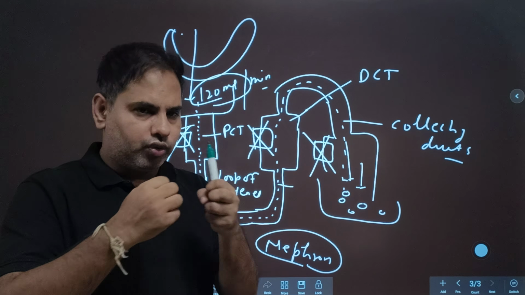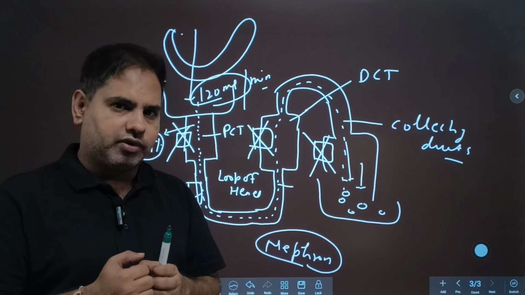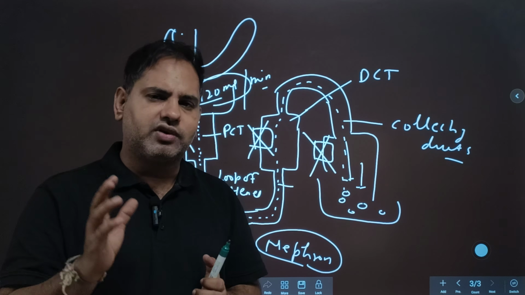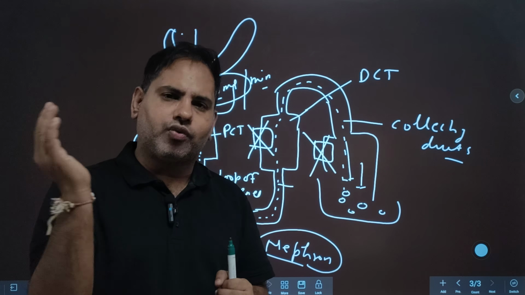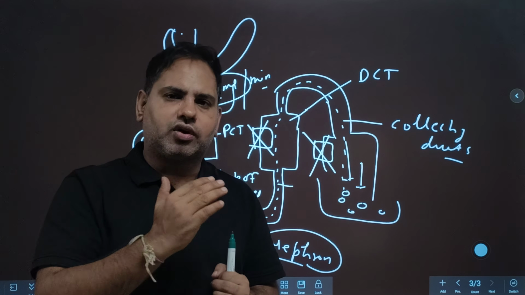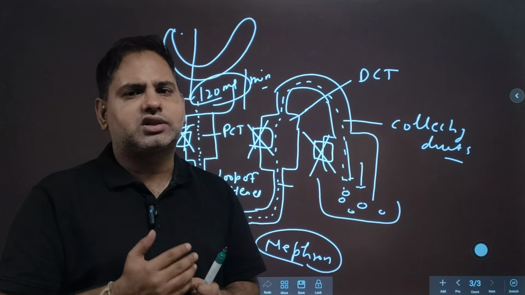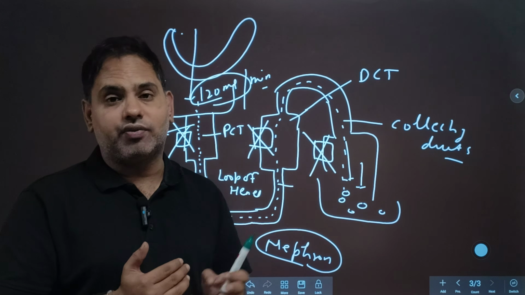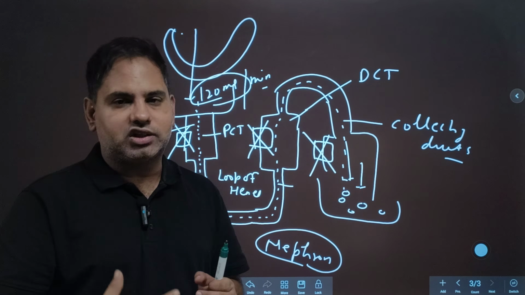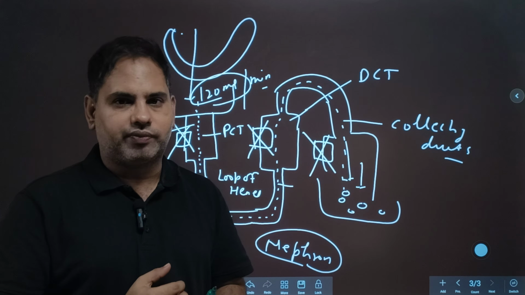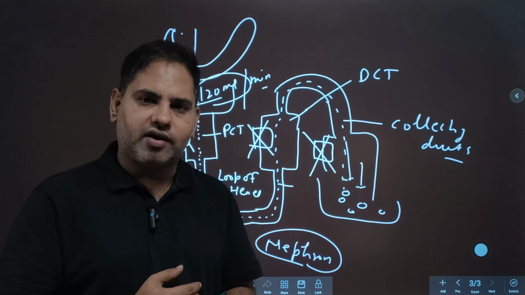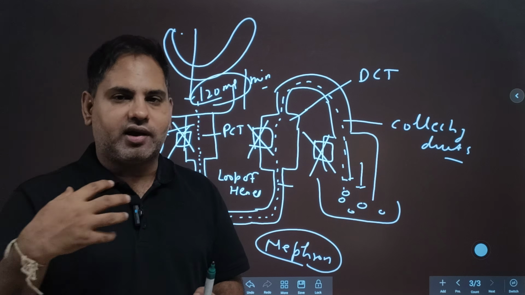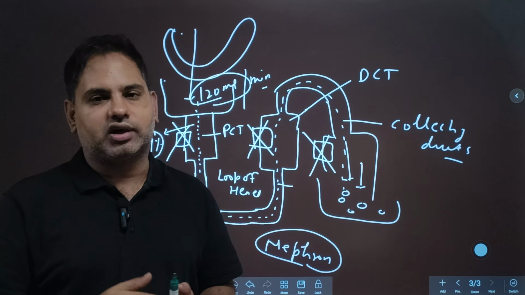To decrease these loads, you want to remove these water molecules, because the renin-angiotensin-aldosterone system, as a compensatory mechanism in CHF, also reabsorbs more sodium and water, and this worsens the patient's condition, right? So you give diuretics which decrease the preload as well as the afterload. How? They inhibit reabsorption, and if reabsorption is less, the load decreases.